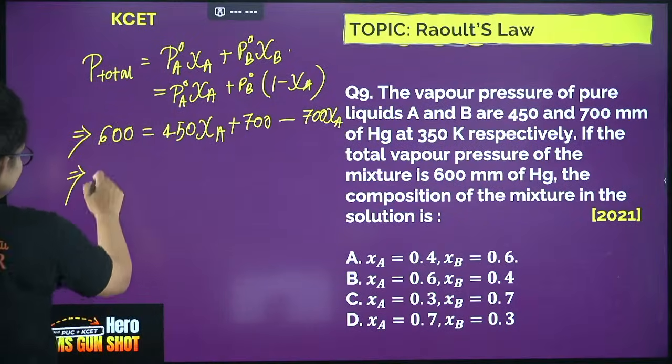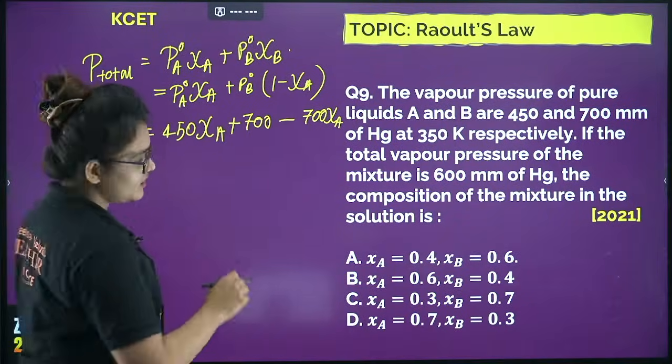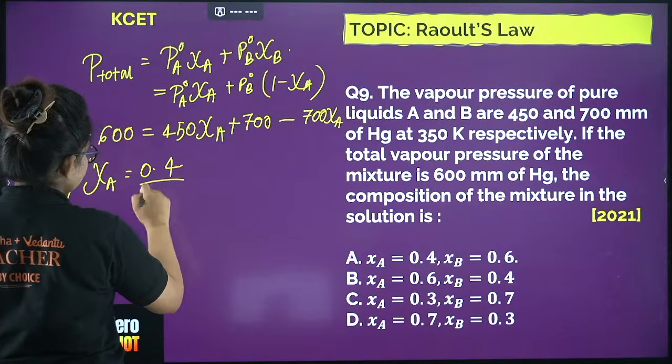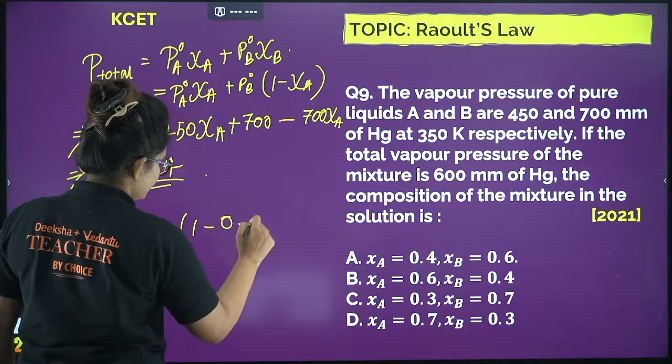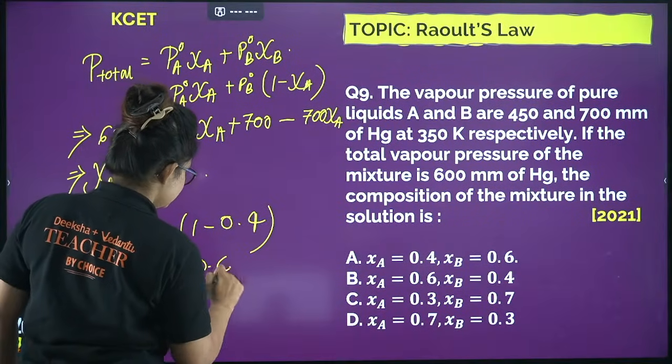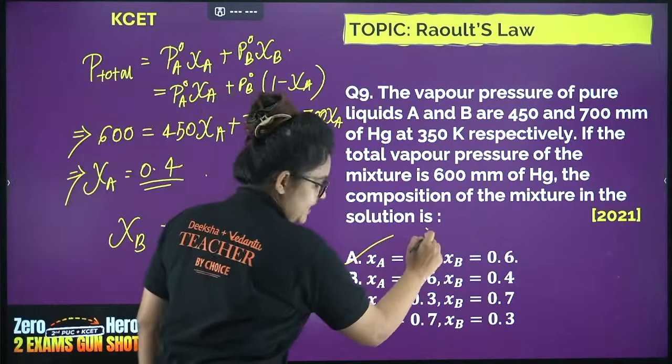If you further calculate, you will get XA as 0.4. So XB is 1 minus 0.4, which is 0.6. So your answer is going to be A.